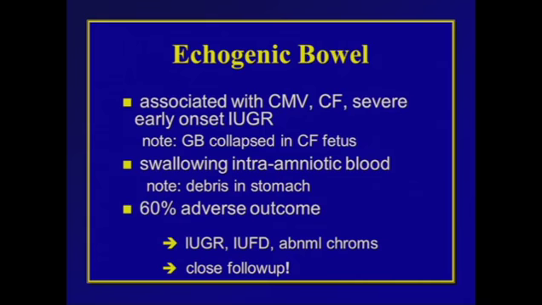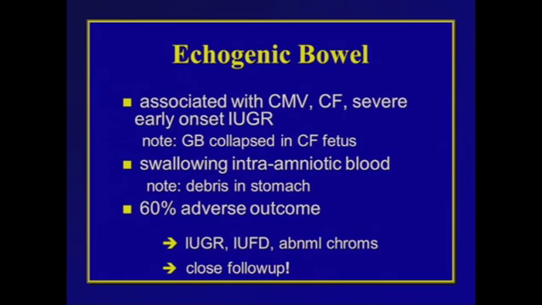So the mom has had an intrauterine hemorrhage, a so-called abruption, either in the first or early second trimester. The amniotic fluid has become echogenic. The fetus swallows all that echogenic debris, which is basically red cells, in the amniotic fluid, just like the fetus I showed at the opening of the talk. As that debris moves through the gut, it settles down into the pelvis and can become echogenic.